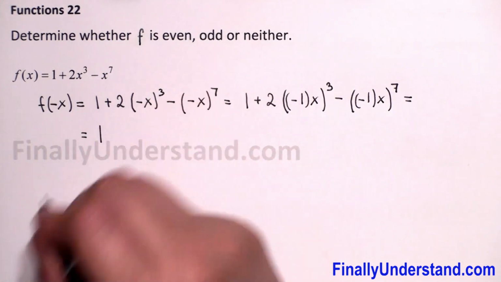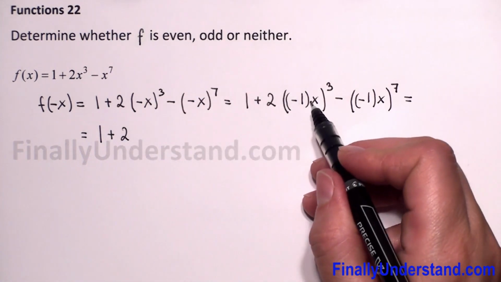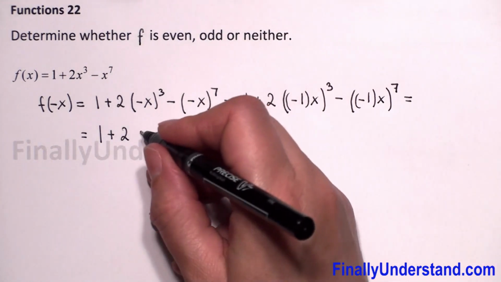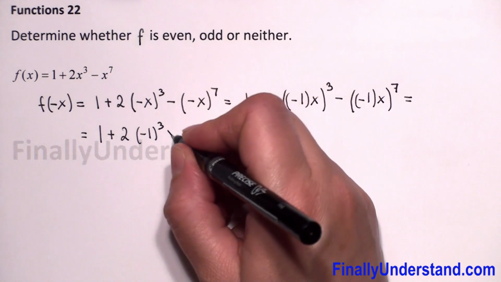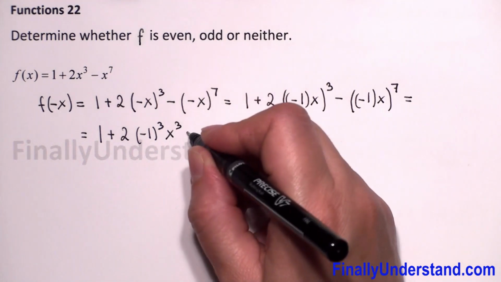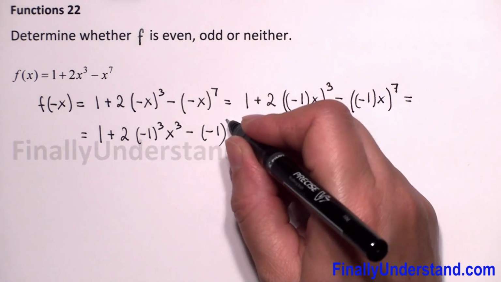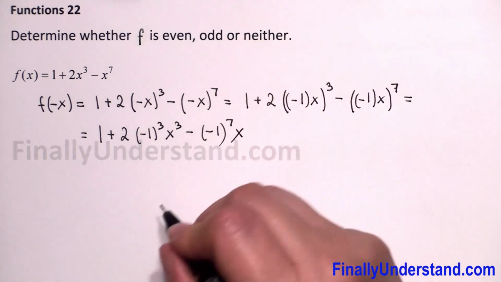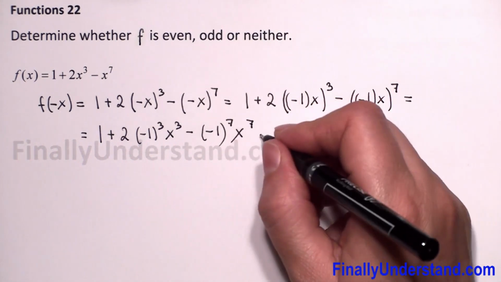We have 1 plus 2, and because we have multiplication here, I can take negative 1 to power third times x to third, minus, we have negative 1 to power 7, the same like before, times x to power 7. So this is equal.